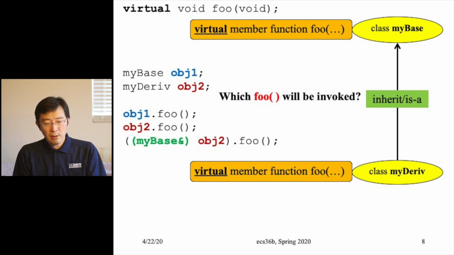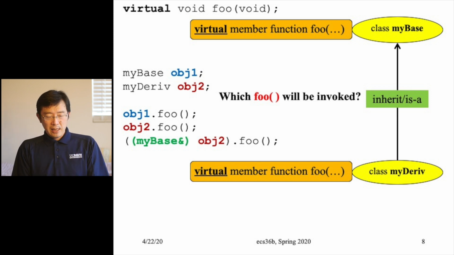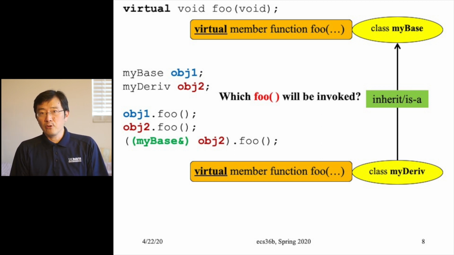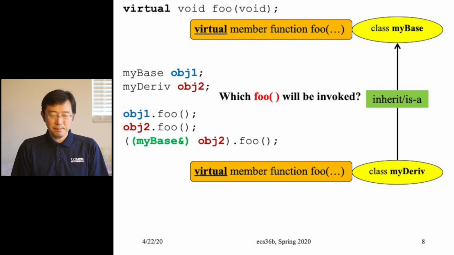Two objects are created, one is my base, one is my derive, and then I call the foo function exactly the same way. The first one is object 1, the second is object 2, and the third one I cast using the type reference to my base class.